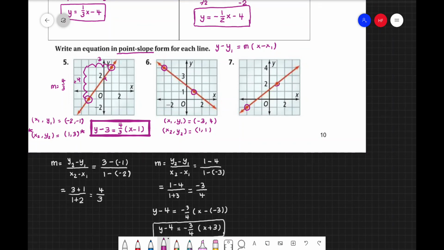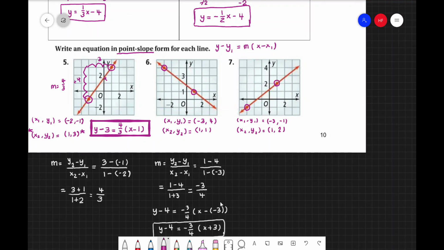My second point is here. So x1, y1, the first point, is (-3, -1). Second point, x2, y2, is positive 1, positive 2.